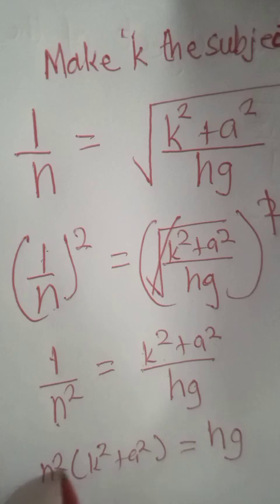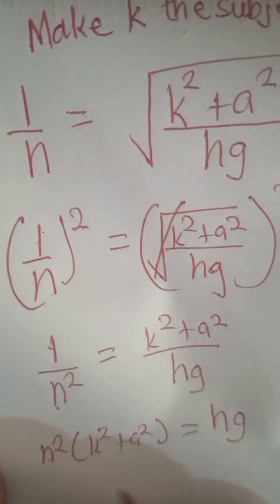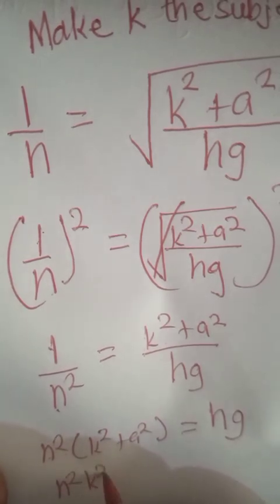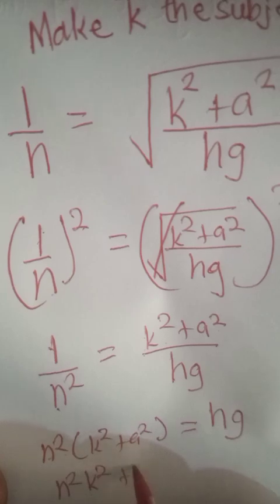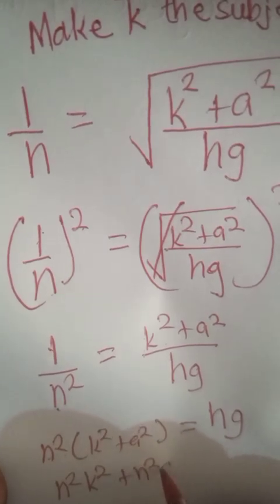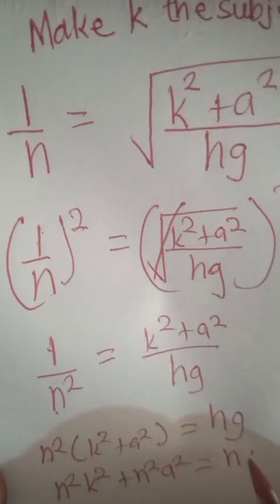To get access to the k, we need to expand this bracket. So n squared multiplied by k squared is n squared k squared, plus n squared multiplied by a squared gives n squared a squared, all equals hg.